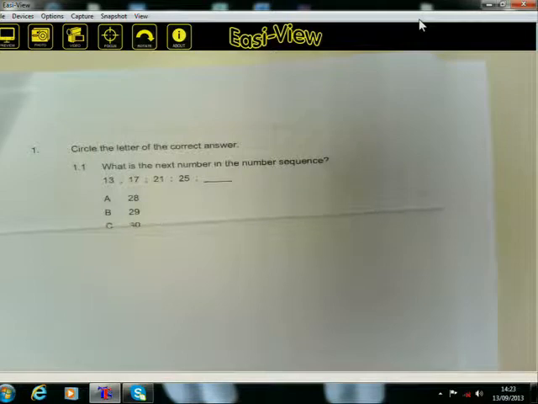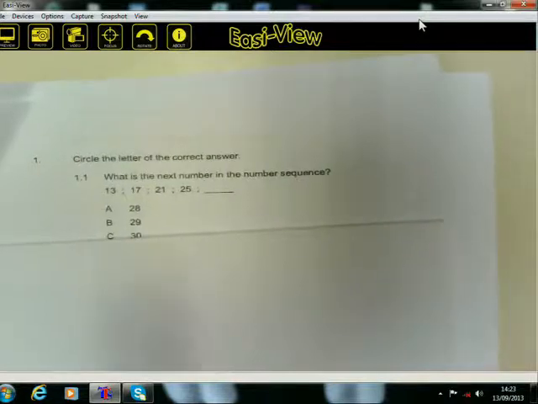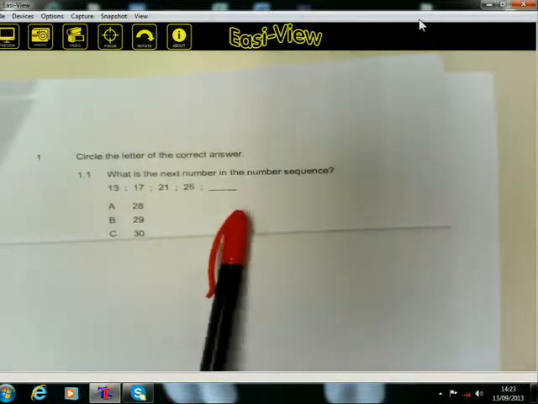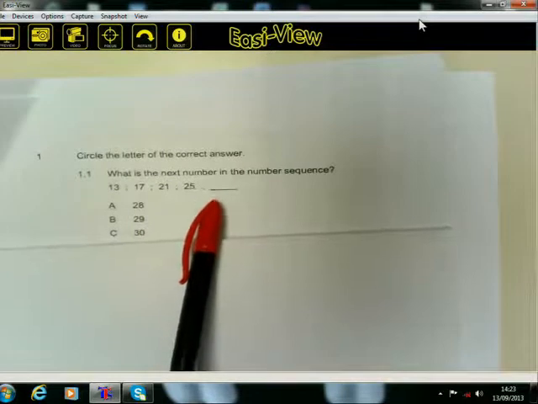In some instances, a learner will try to play with you, where he will write the answer here, or he's guessing the answer. He gives the correct answer and circles the wrong answer. Then you consider the first one.